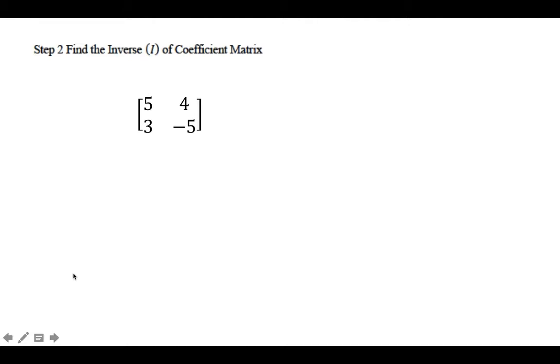There was a formula: A to the negative 1, the notation for inverse, is equal to 1 over AD minus BC, times this matrix. AD minus BC is your determinant. The matrix is D, opposite of B, opposite of C, A.